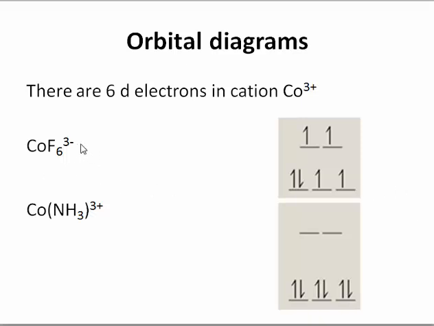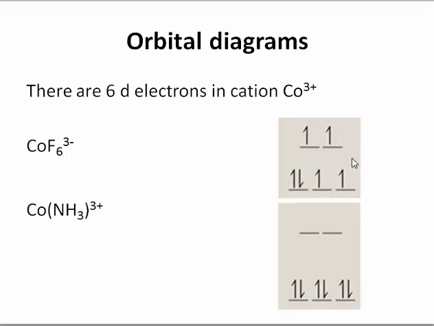Here we have a diagram for the high spin or low delta complex. There are 6 d electrons in the cobalt cation, so we see each of the 5 d orbitals gains an electron before pairing begins. This is due to the low value of delta between the upper and lower level of orbitals.